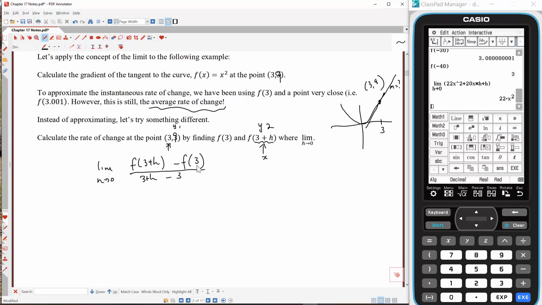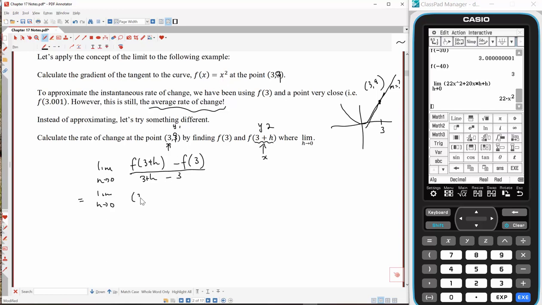All right, so let's see what happens when we do this. So we're going to go limit as h approaches 0. What is f of 3 plus h? Let's slam 3 plus h into f of x.